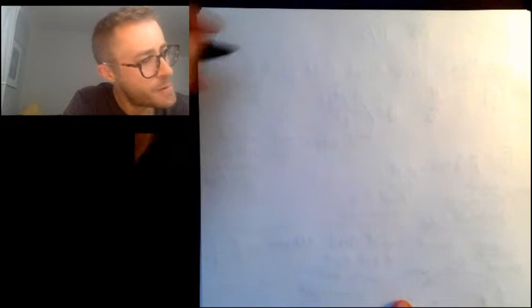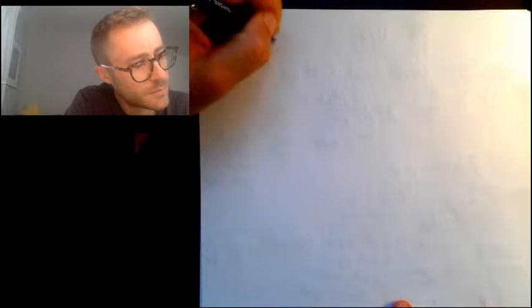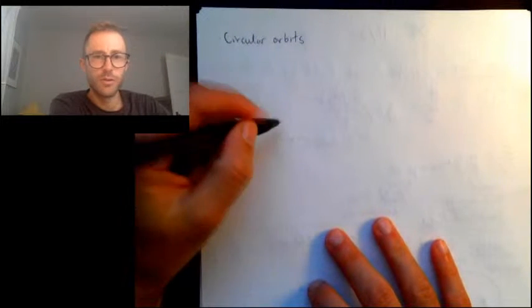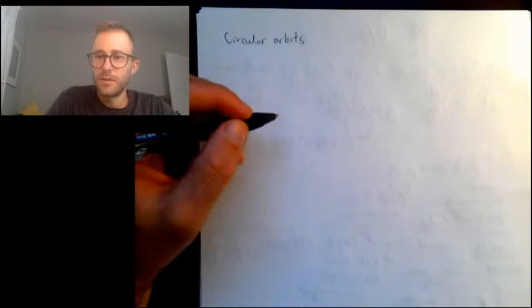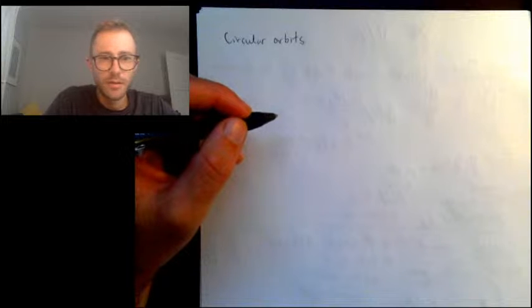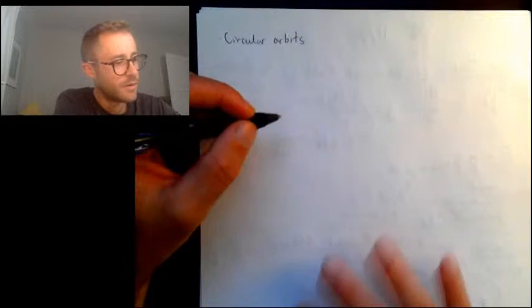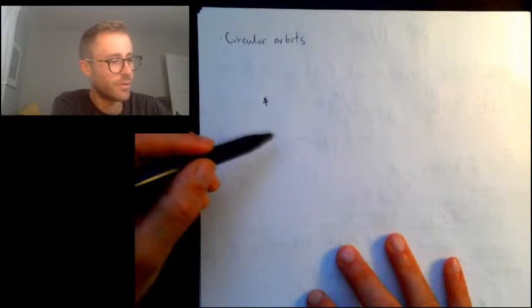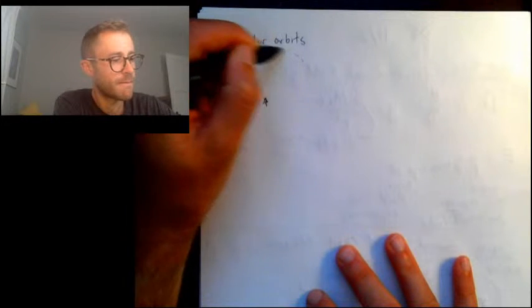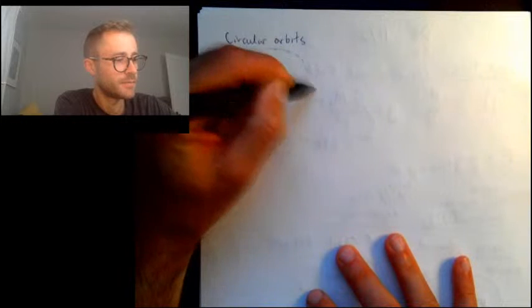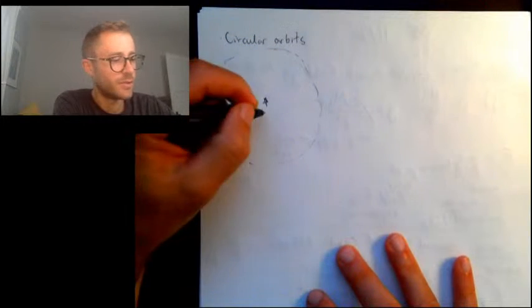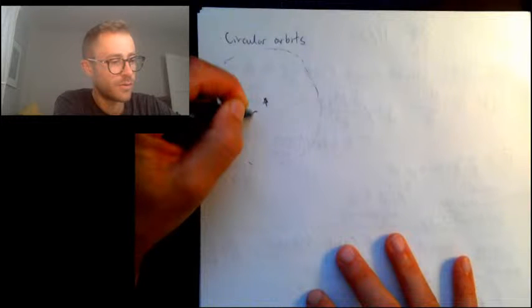All right. So let's talk about circular orbits. For a circular orbit, you have a central body in the center of the orbit. I'm going to call this the central body.